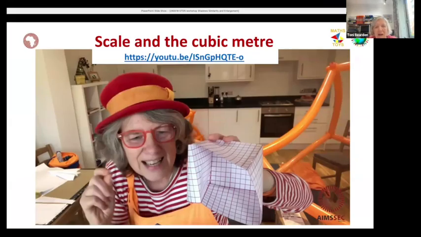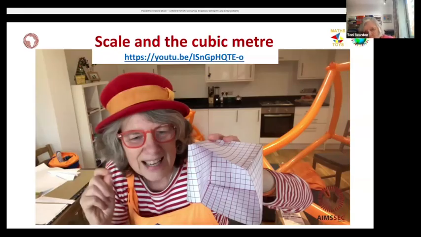So how many 1 centimetre cubes would fit in the cube that Caroline is showing? It's a bit squashed, but it's 10 by 10 by 10 centimetres, and it's sort of making sense of it when you see the reality of the little tiny cube and the bigger cube.